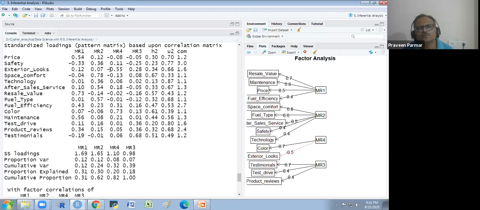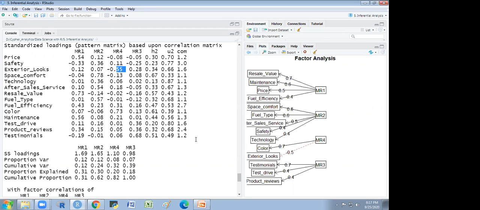It should go to 0.55. 0.55 with what? MR4. It is 0.55 in MR4 and 0.28 in MR3. I don't know why this red line is there. What does it interpret? Sir, it is negatively associated with MR4.